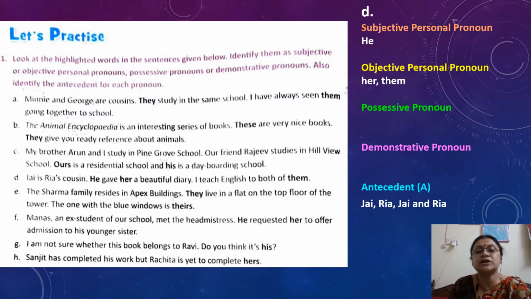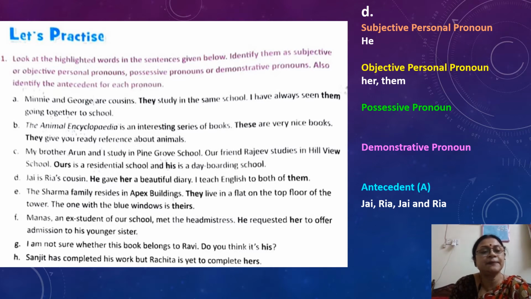Likewise, in I teach English to both of them, them is also the object in the sentence, so them is also an objective personal pronoun. And the antecedents are: for he, Jai; for her, Riya; and for them, Jai and Riya. Let's move to the next sentence.